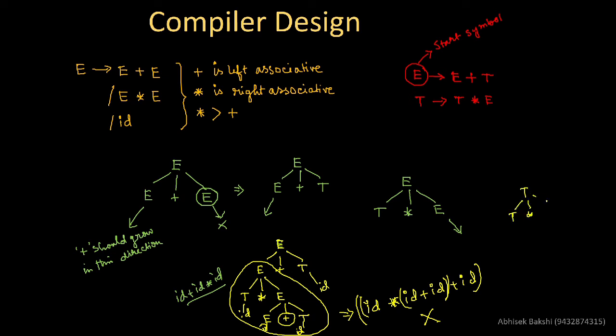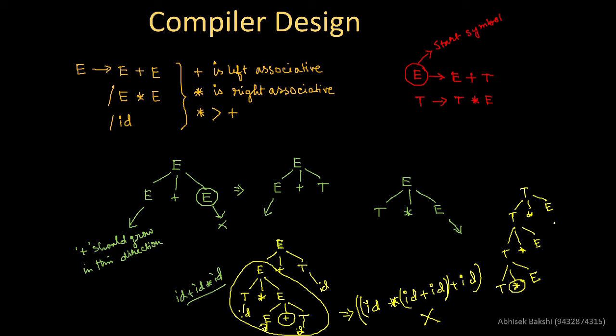T to T star E, again T star E, again T star E. So if we go on exploring this particular production rule, we will see that the leftmost star has the higher level in the tree.